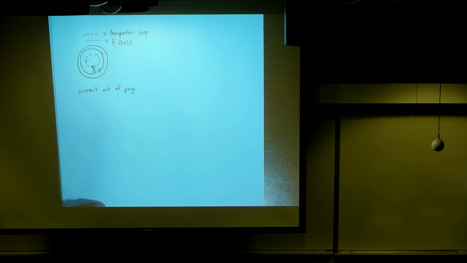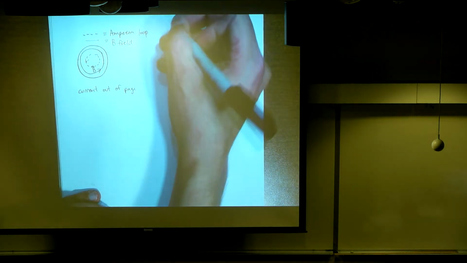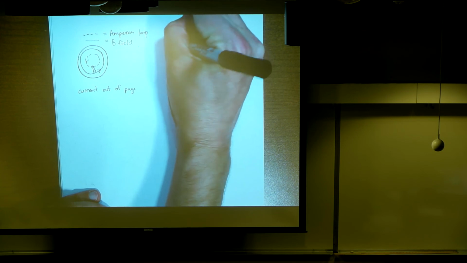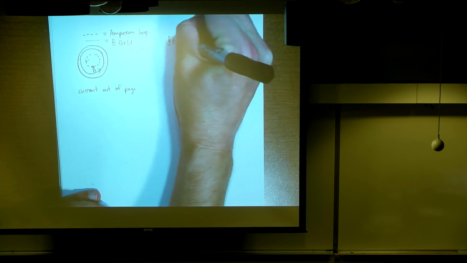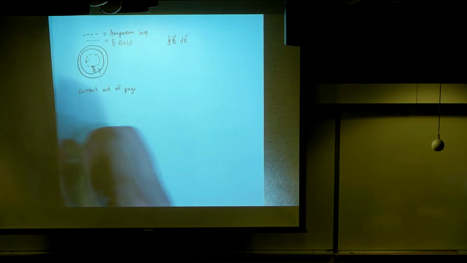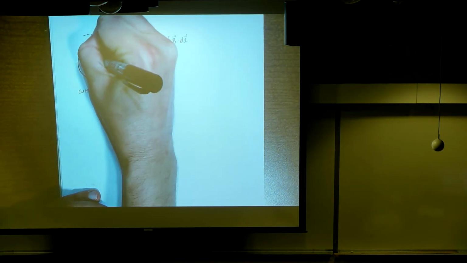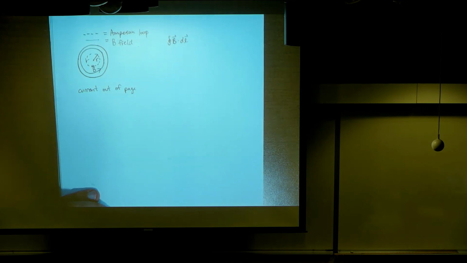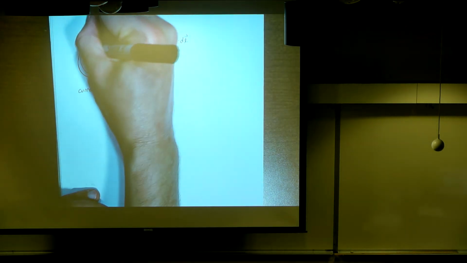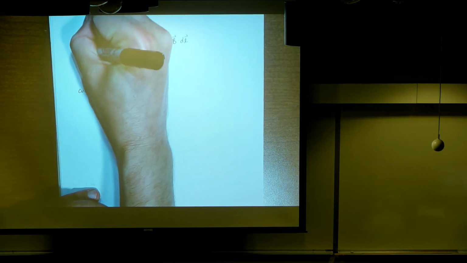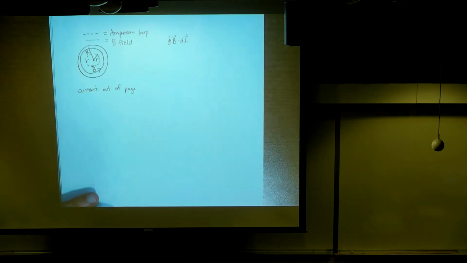So let's actually work out what is the integral of B dot dl over that loop. By the way, I'm going to label two radii here. Remember, little r is for our loop, and big R is for the actual wire itself. So we want to keep those straight in our head.